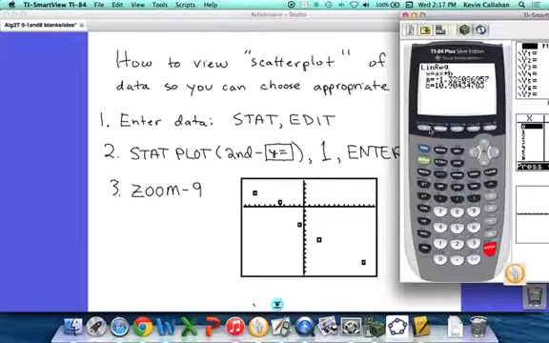So in order to access that, you got to hit second, y equals, and what you should see up there, you see a bunch of these here, but we always hit the 1. I've never used anything below the 1. So you hit the 1 or you hit enter, and at this point, it's highlighted on off, but it's blinking on the on.